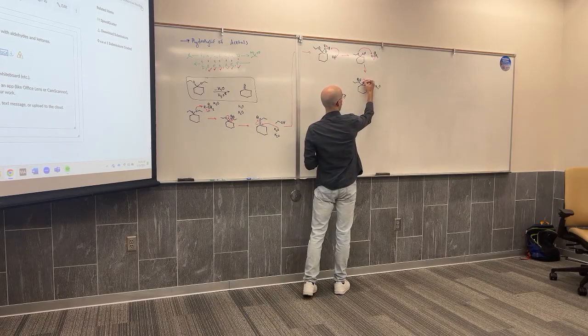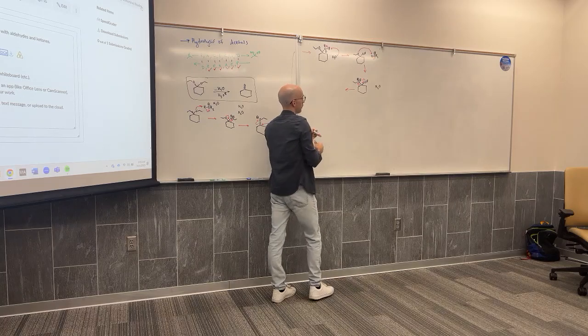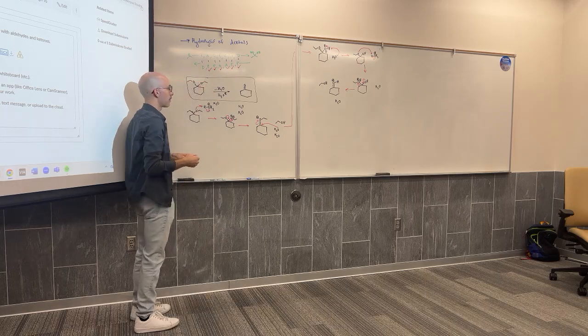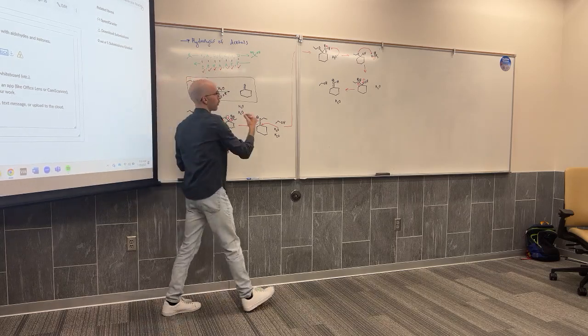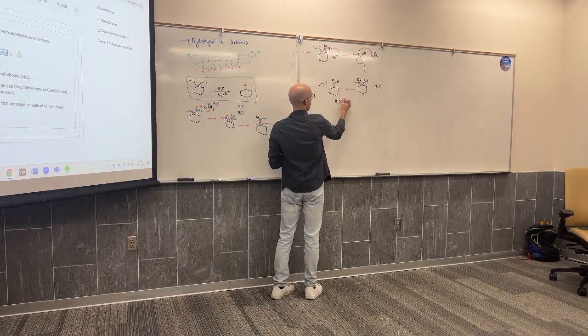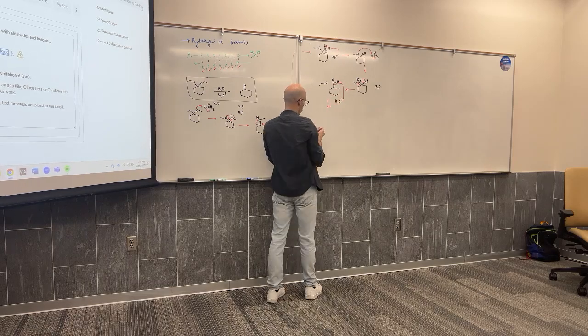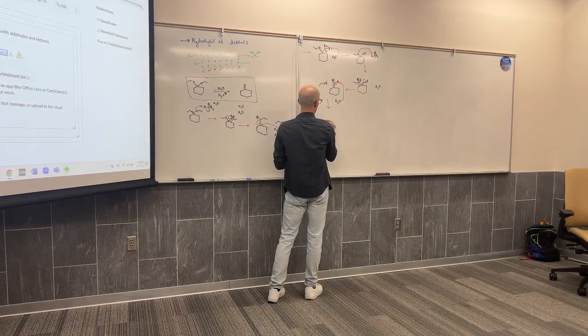The alcohol reforms a carbonyl, kicks off the ether to be an alcohol. And in my last step, I need to deprotonate the carbonyl, reform my regular carbonyl, and reform my catalytic acid.